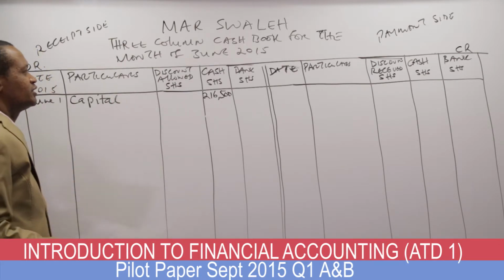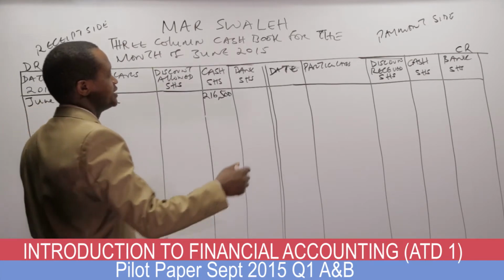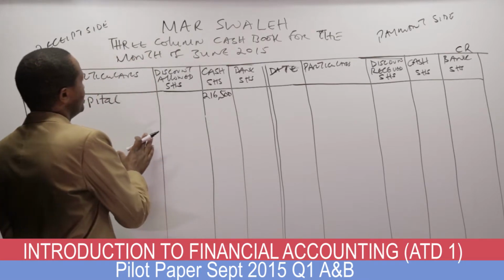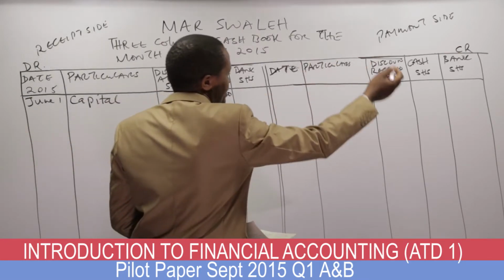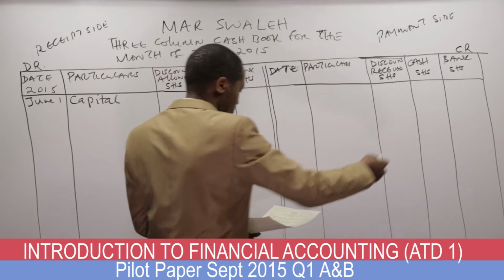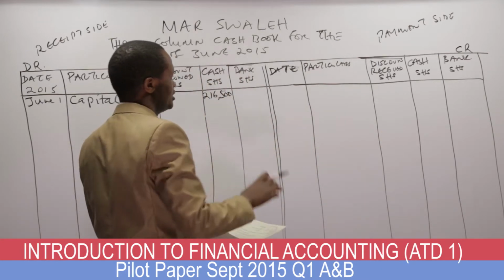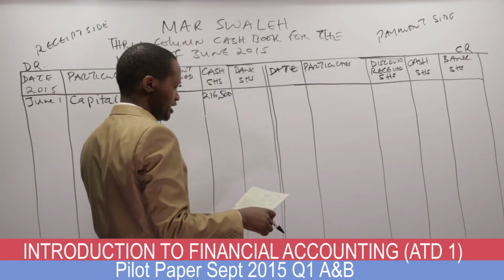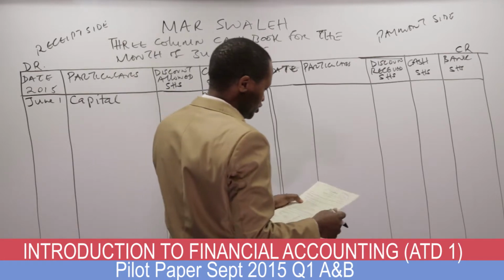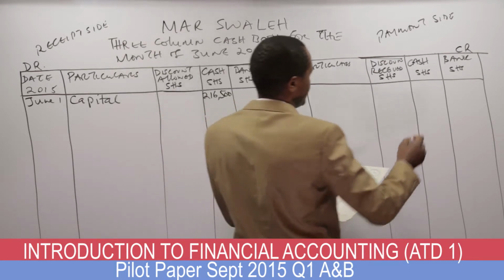It simply means that money has been taken away from the business. That is like a payment. The cash has reduced, and it has reduced by 168,000.